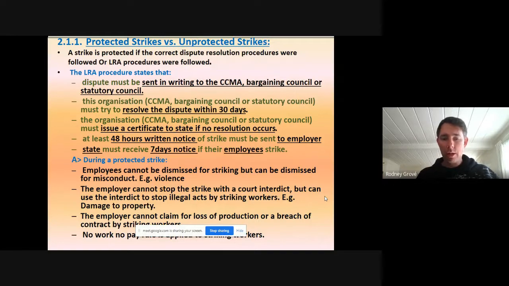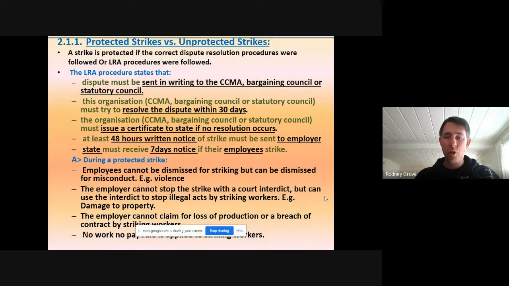When they go on strike, as long as it's 48 hours later, you may not dismiss them. That is an illegal dismissal, and you will then be taken to the CCMA, and you'll have to pay out, etc., etc.